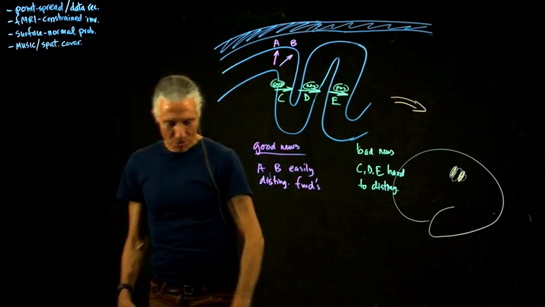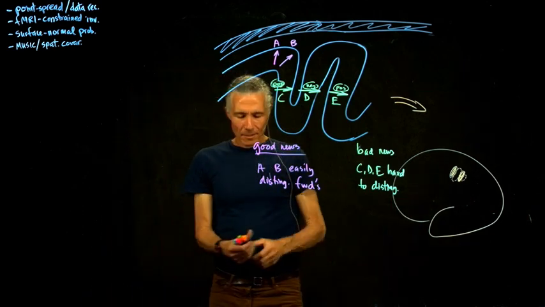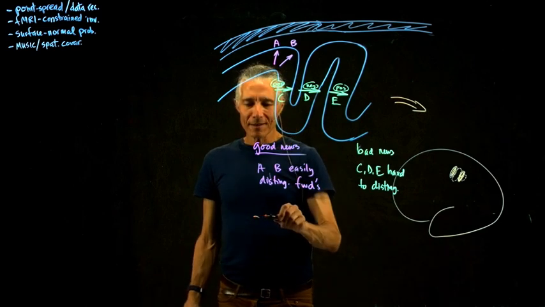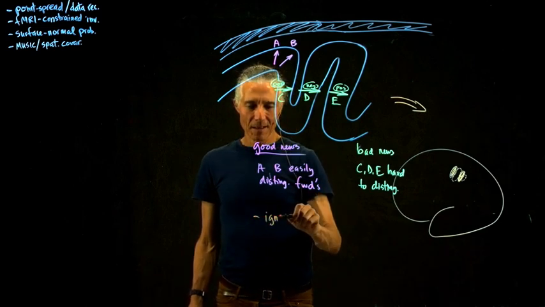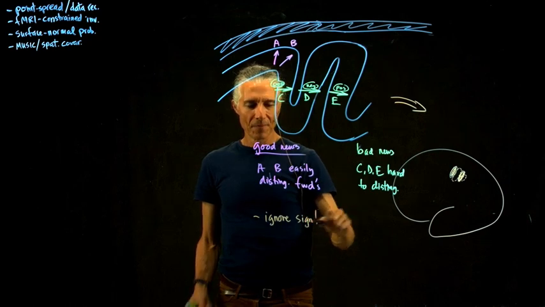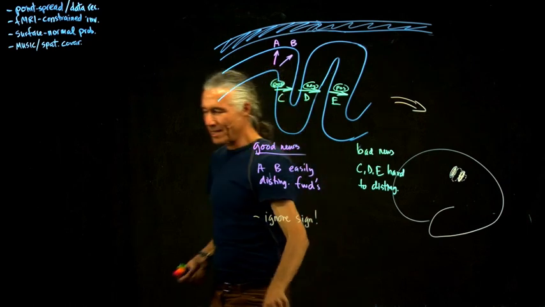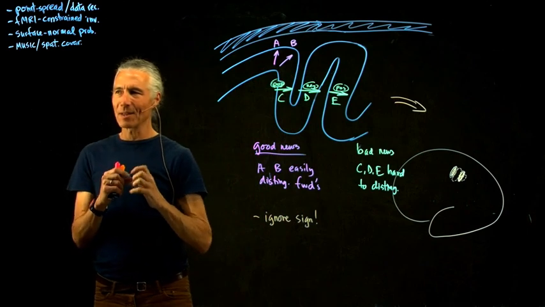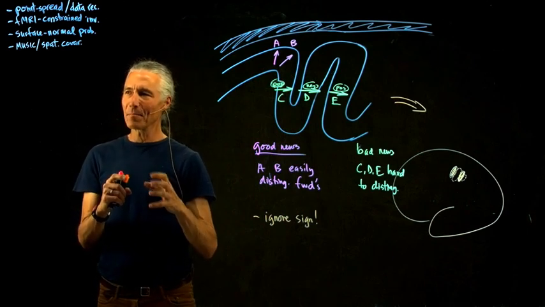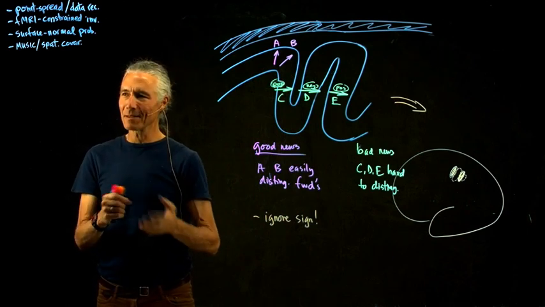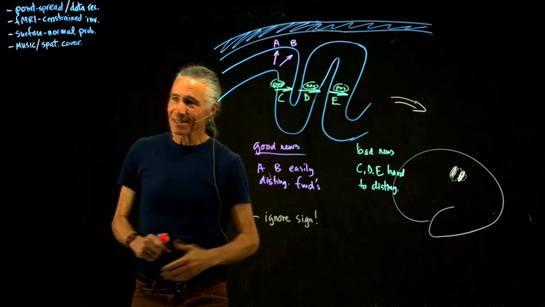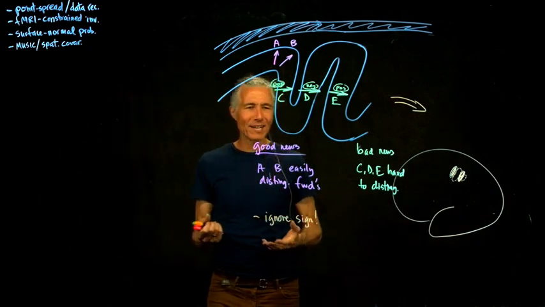So one thing you can do is just ignore sign. I remember when we proposed this to EEG people, they are so wedded to the idea of N1 and P1, negative and positive. They said, what? That's all we have. We only have negative and positive.